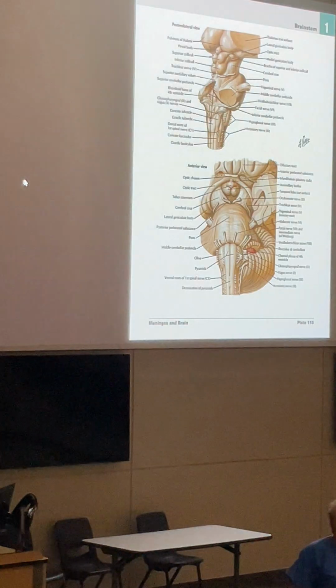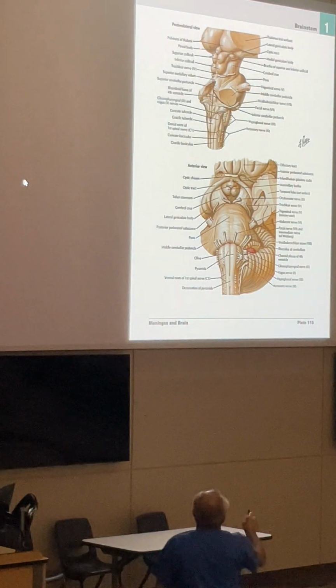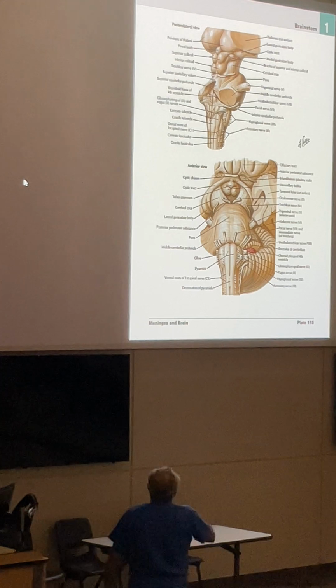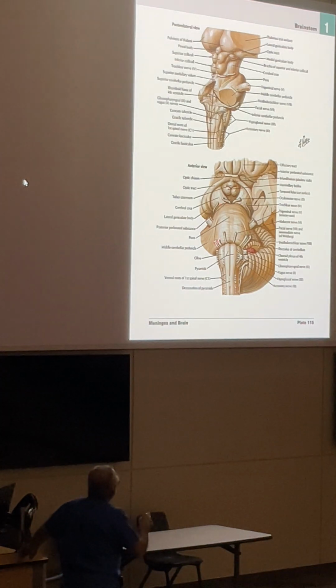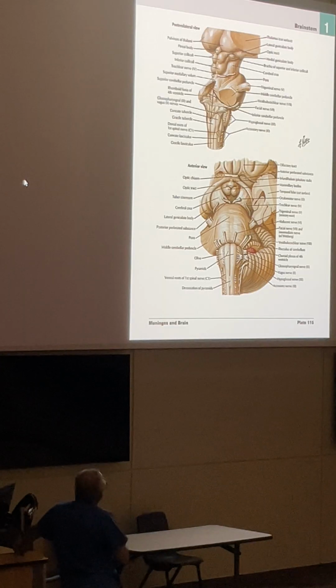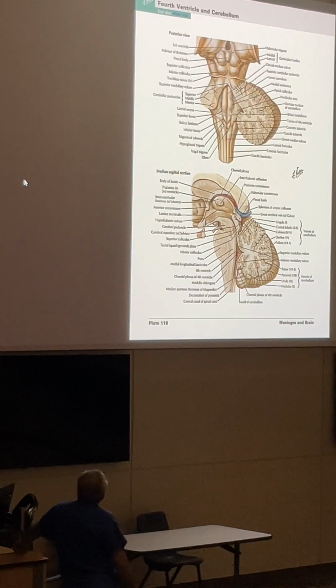Four is the only one that gets out posteriorly. The rest are right here, anterior or lateral. So here's cranial nerve 4, inferior colliculus, superior colliculus, pineal, dentate. Tonsil versus nodulus.